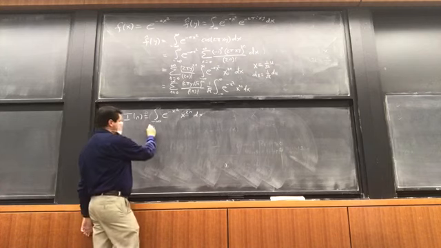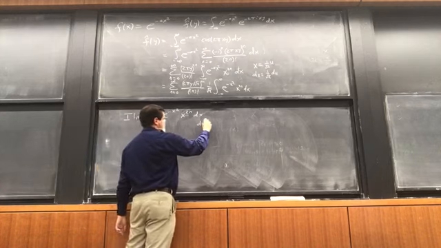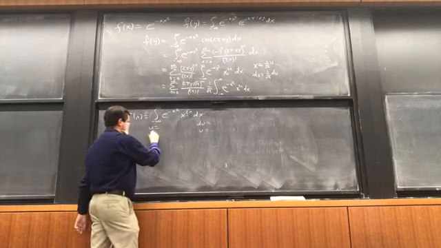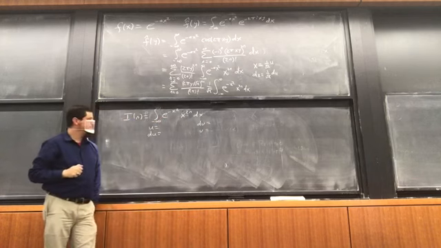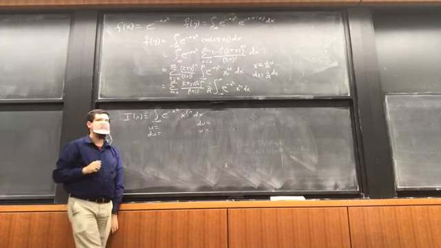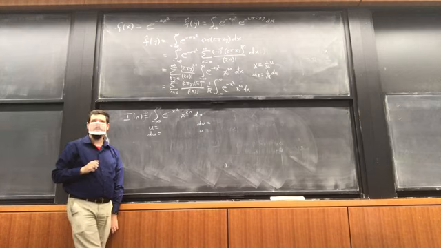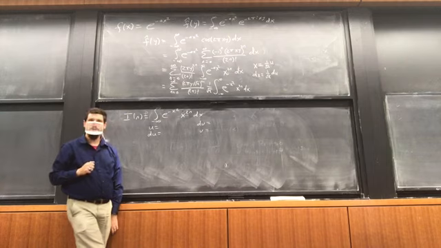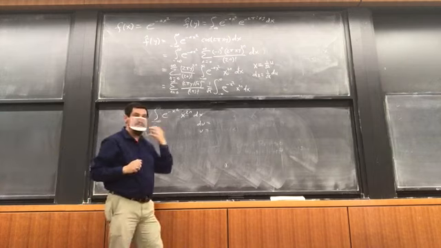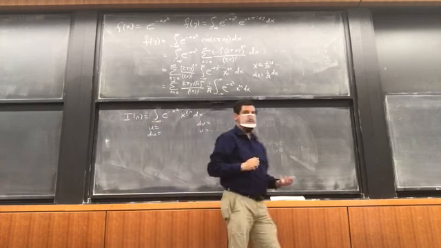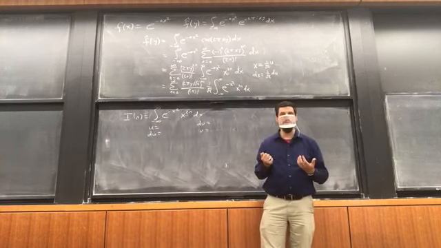So you want to integrate by parts. What do you want u to be? What do you want dv to be? The hard part is we have an e to the negative x squared. We've got to figure out how we're going to handle the e to the negative x squared.